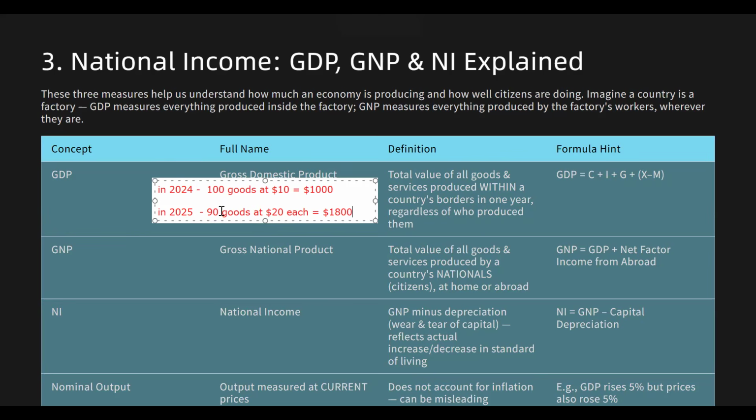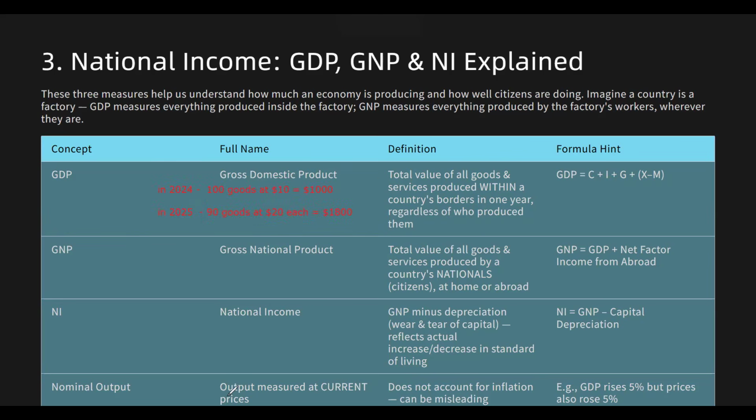Because of inflation, it's making it look as if I had an increase in output when I actually didn't. That's what happens if you use nominal output. Nominal output is when you use the current prices. It doesn't account for inflation, and it could give you misleading information.